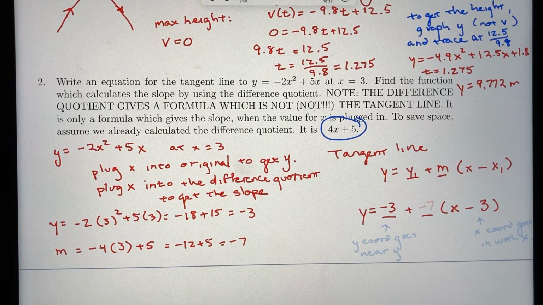The x coordinate of the point goes next to x, the y coordinate goes next to y, and the slope goes in front of the parentheses. There you go.